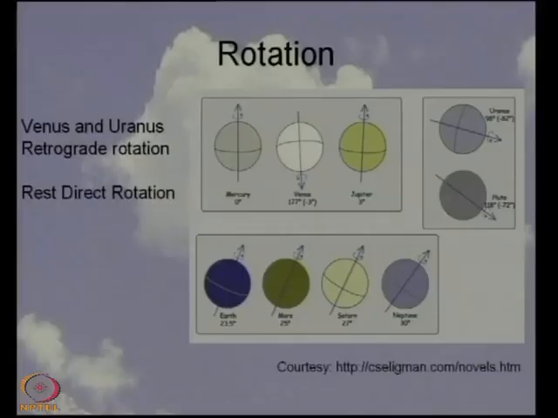There are two exceptions. One of them is Venus here, whose rotation axis is in the opposite direction. Okay. So the rotation axis of Venus is in the opposite direction, but the rotation period is extremely large. So it rotates very slowly.